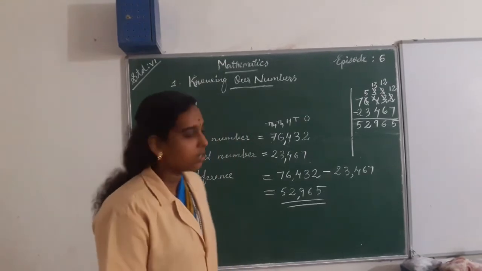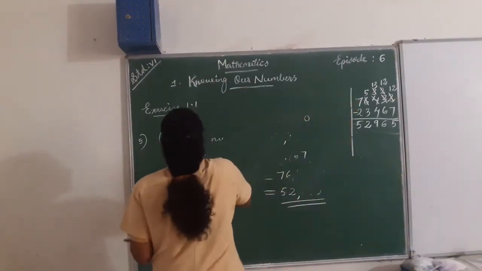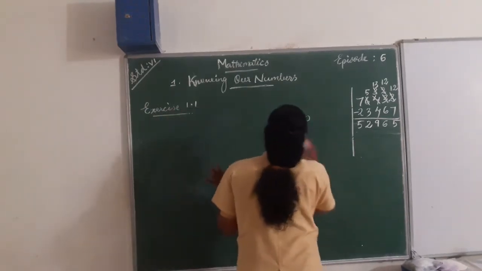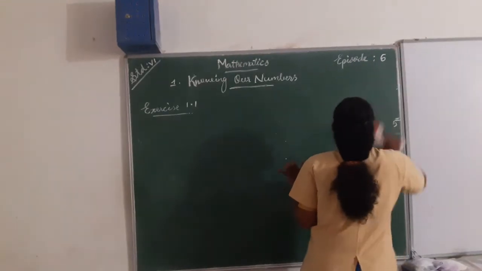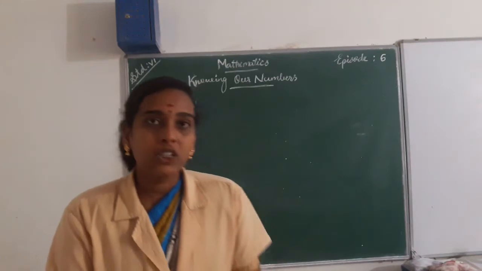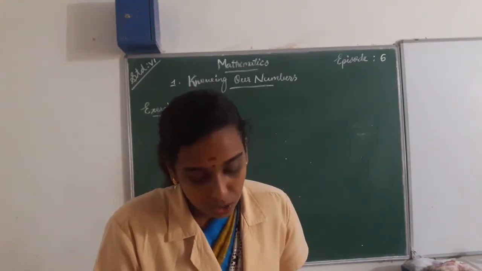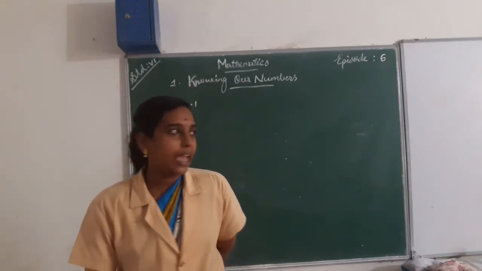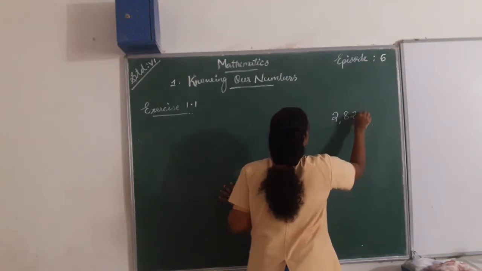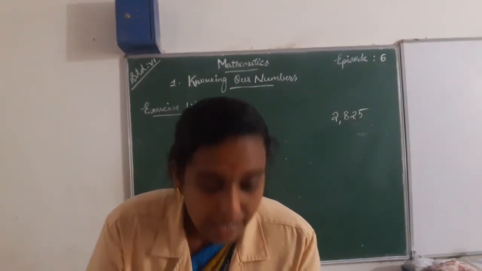And the next question, question number 6. Read question number 6 carefully. A machine on an average manufactures 2,825 screws a day.